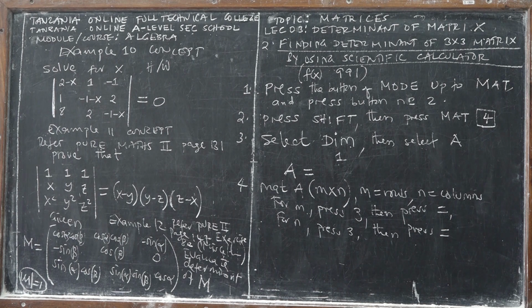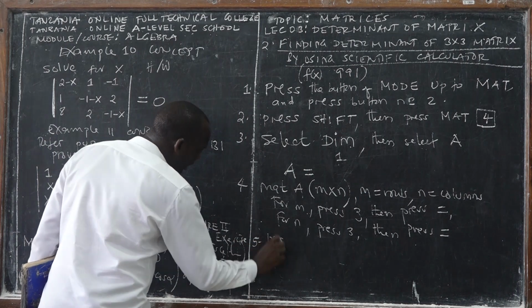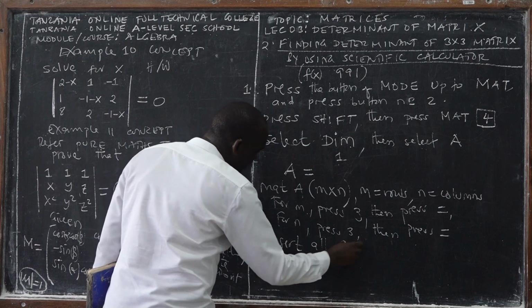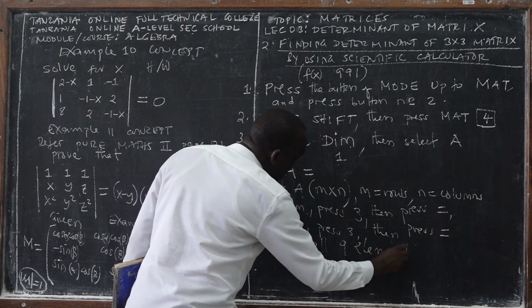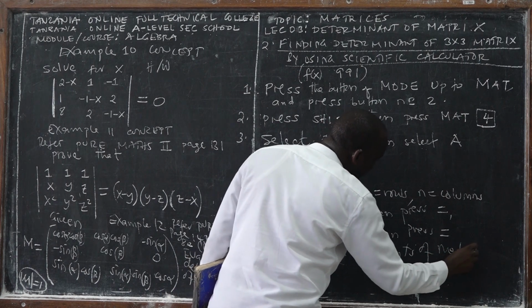A1,3 is the third element in the first row and third column. So number 5, we insert all 9 elements of matrix A.